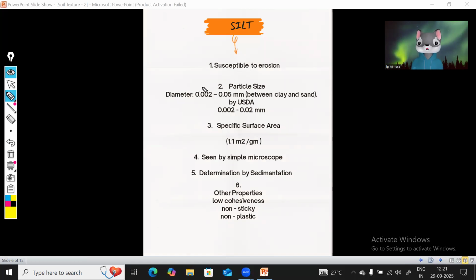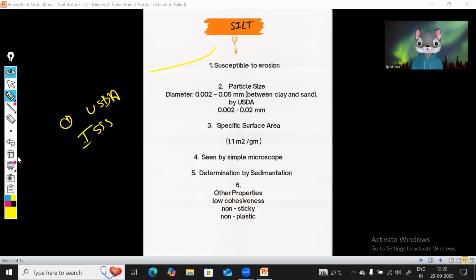So what is silt? You already know that there were two classifications regarding the soil size. The first one was by USDA, United States Department of Agriculture. The second one was from ISS.